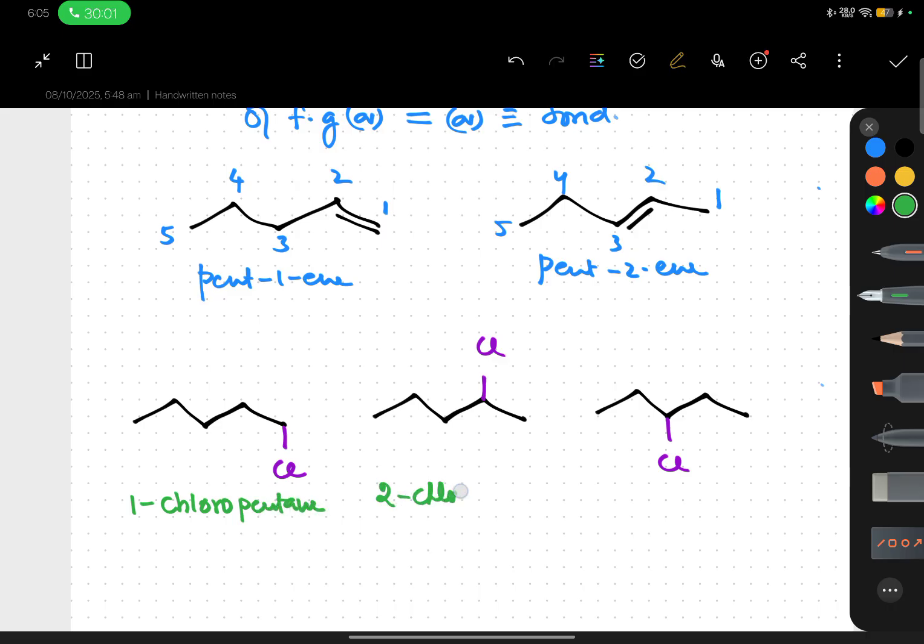This is 2-chloropentane. This is 3-chloropentane. The position of the chlorine changes.